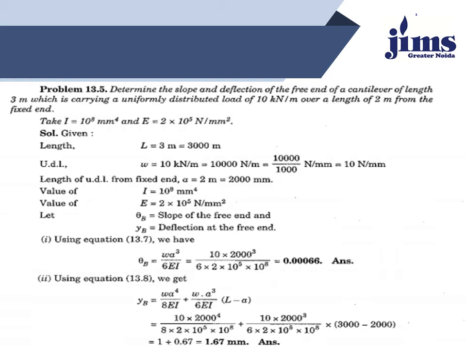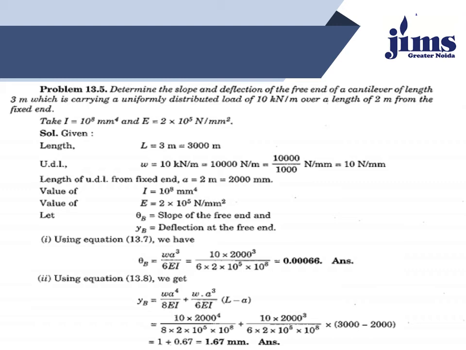The given data are: length is 3 meters or 3000 millimeters, the UDL is 10 kilonewton per meter, which is 10 newton per millimeter. The length of UDL from the fixed end, A, is 2 meters, that is 2000 millimeters. The value of I is 10 to the power 8 millimeter to the fourth, and the Young's modulus is 2 multiplied by 10 to the power 5.